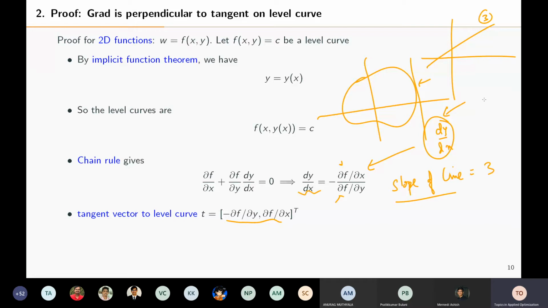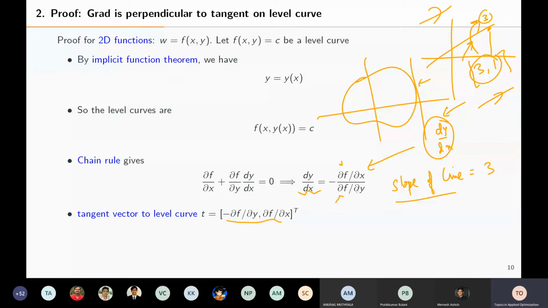Remember, the vector could be anywhere, it doesn't matter, but what I'm asking for is that it has the same slope. So I can make it 3, 1. A 3, 1 vector would be somewhere here, and it has the same slope as this, so that's how I get the tangent vector.